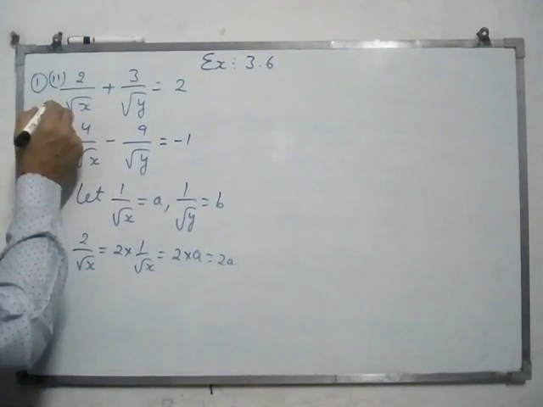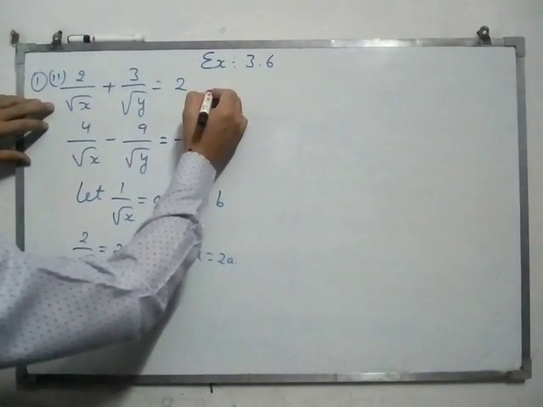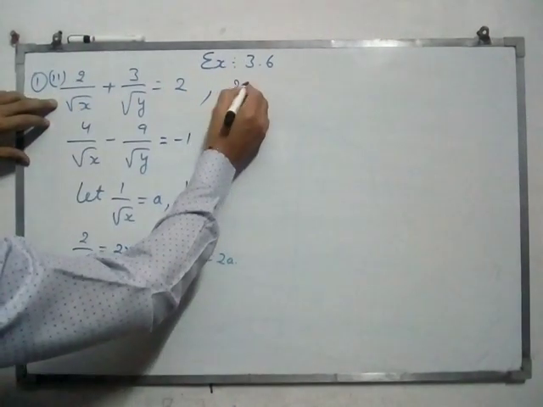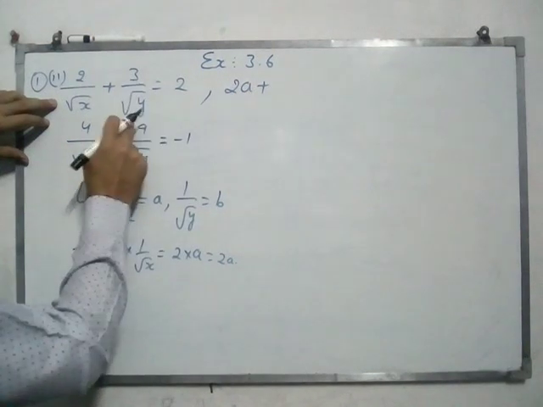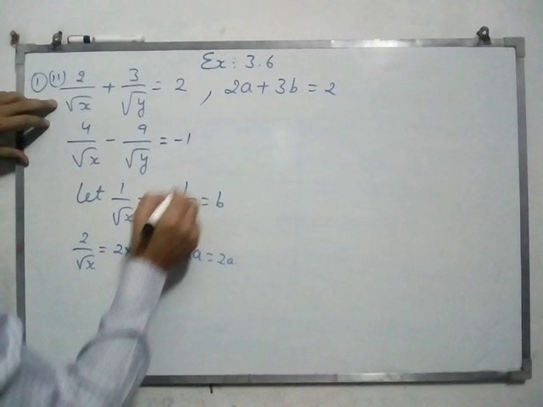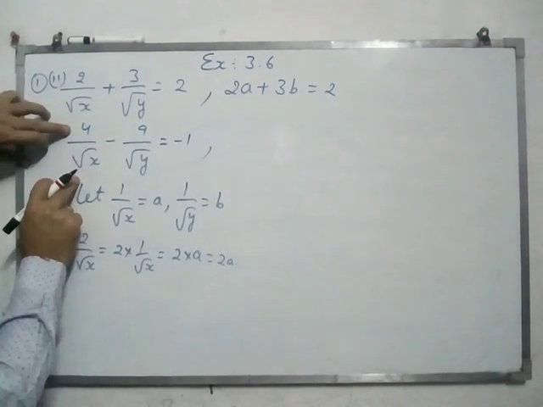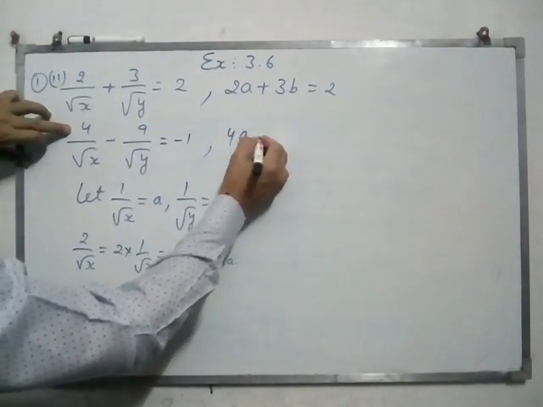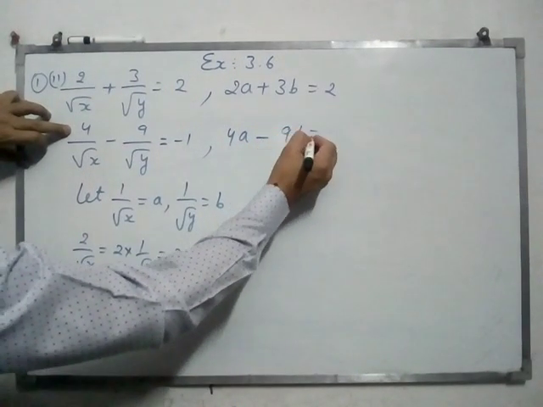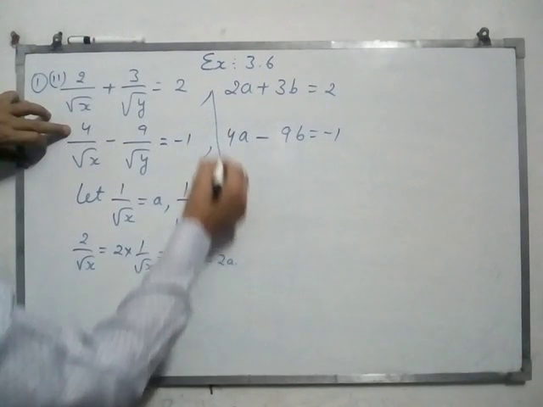So the first equation becomes 2a plus 3 upon under root y, similarly 3b, equal to 2, and 4 upon under root x becomes 4a, minus 9 upon under root y becomes 9b, equal to minus 1, right?